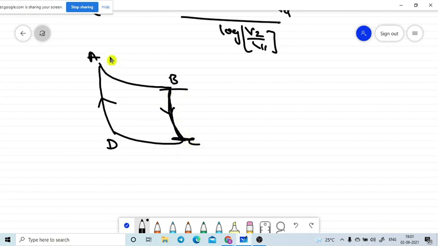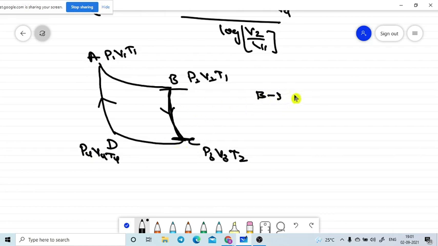Here is P1 V1 T1. Here is P2 V2 T1. Here is P3 V3 T2. Here is P4 V4 T2. After that we move to P1 V1 T1. So in this process we are applying B to C. B to C is the adiabatic process.